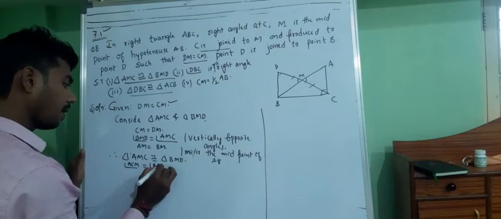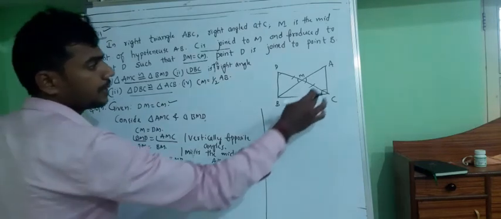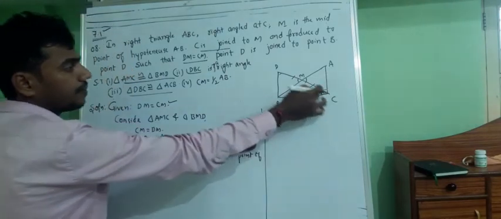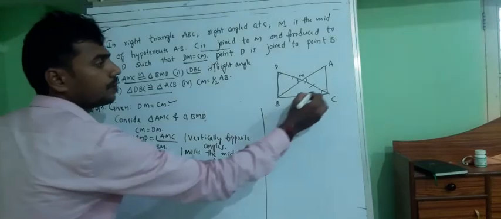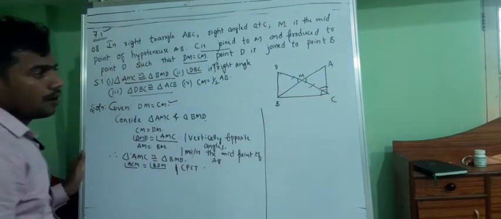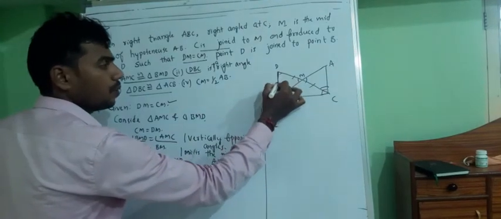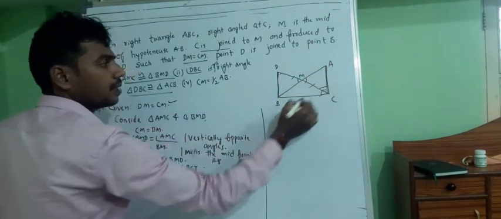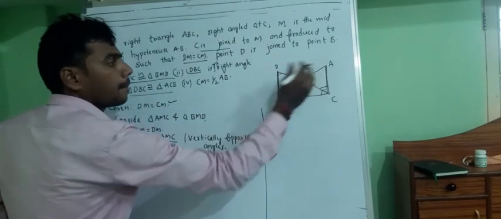Why? CPCT. Through CPCT, angle ACM will be equal to angle BDM. Now, what kind of angles are these? See, if I consider these two lines are parallel to each other.